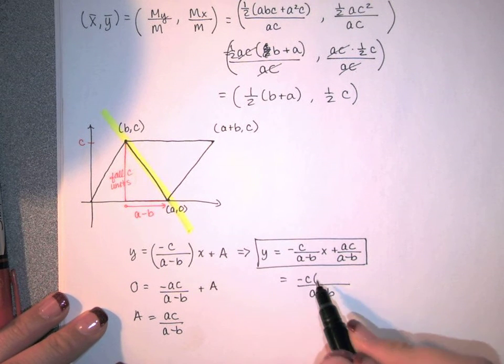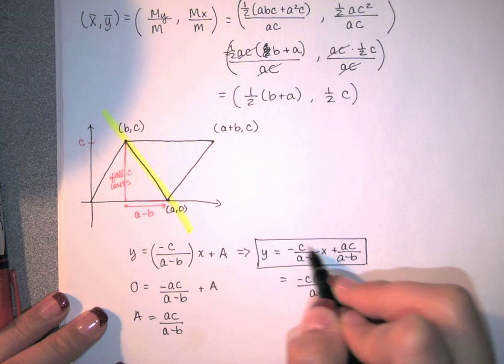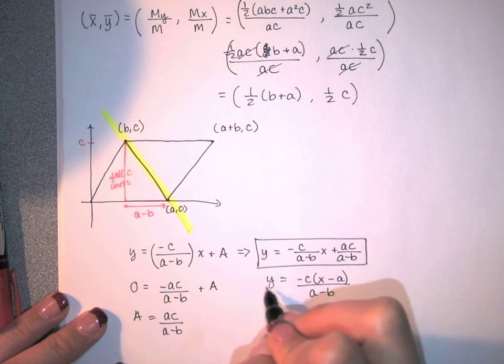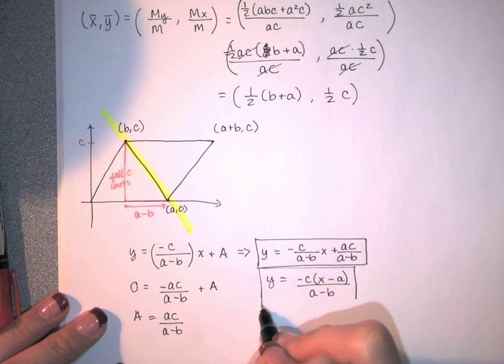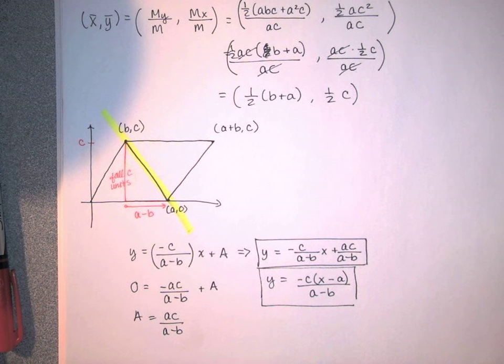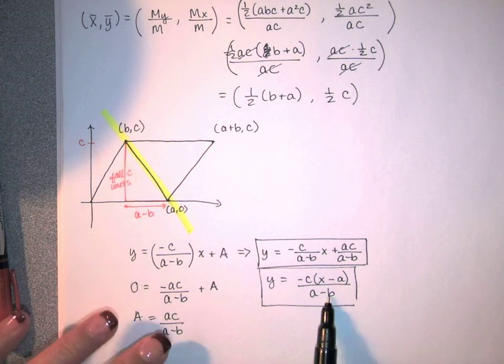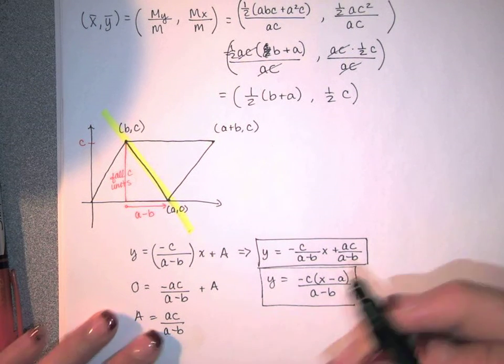So I've got negative c here times x gives me the first term. Negative c times negative a gives me the second one. Actually, that makes a lot of sense. Do you see why? It's just like point-slope form. There's my slope, and I've got x minus a equals y minus the corresponding y value, which is 0. Okay, so that's the equation of the yellow line.